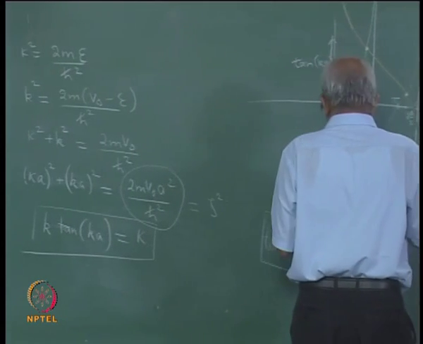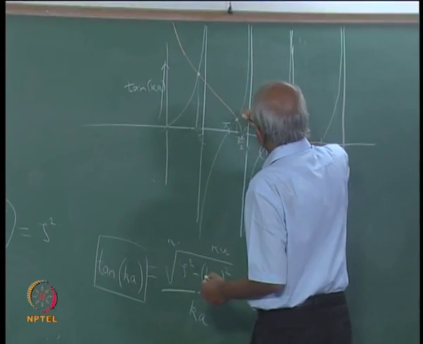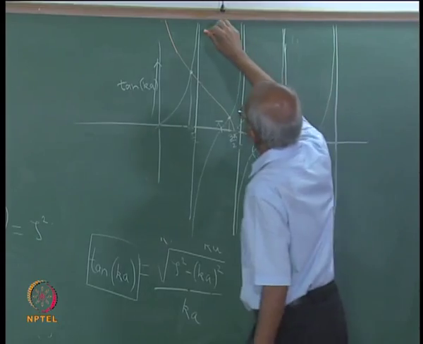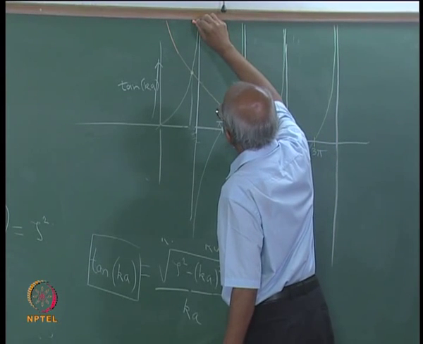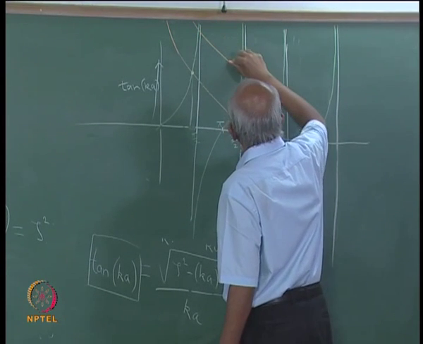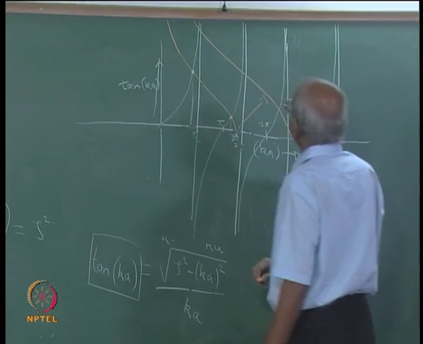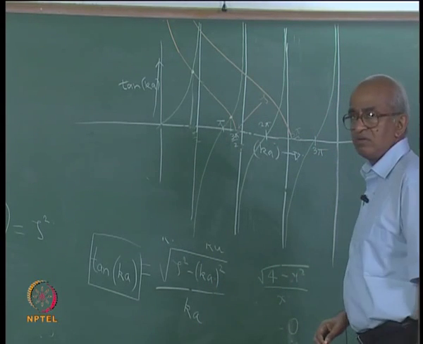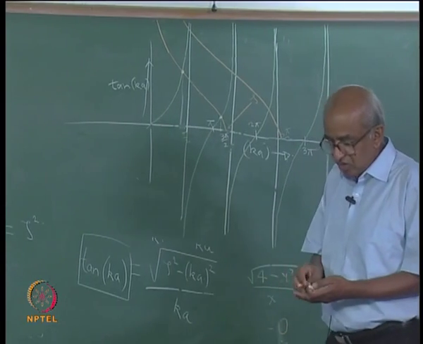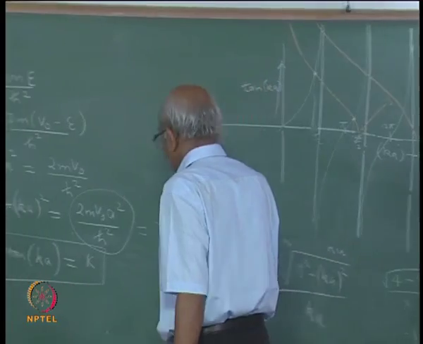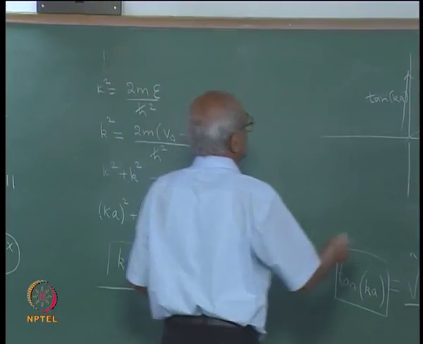So, if you increase the value of zeta, what will happen? This point will shift, and you may have a situation where the curve would look like that. Correct? And then how many solutions do you get? There are now 3 solutions.